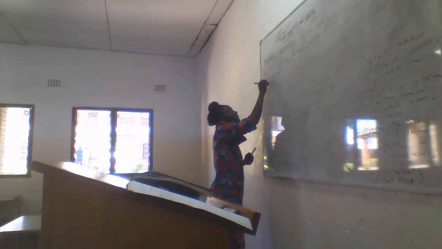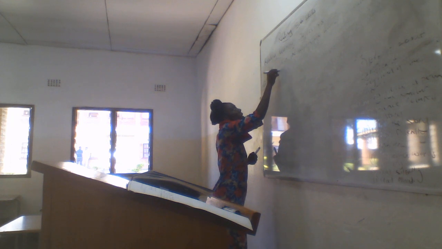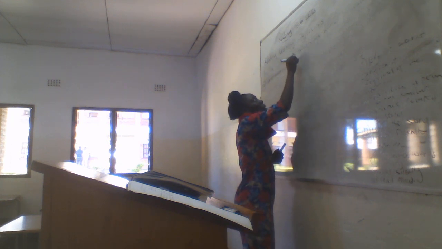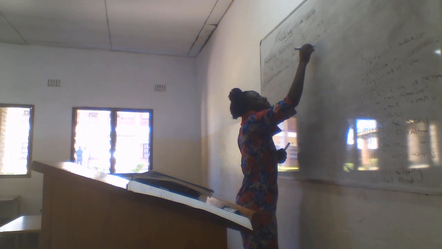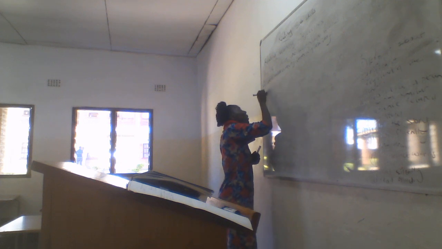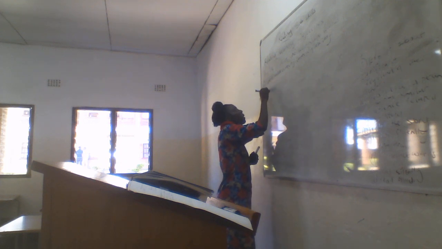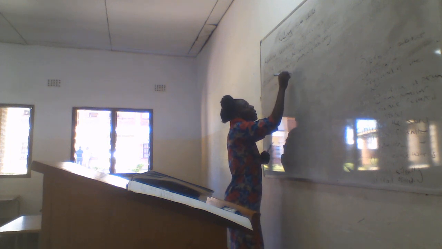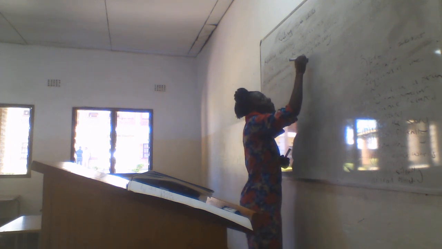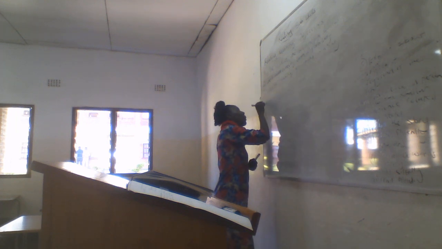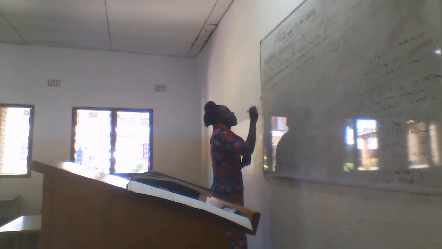Spell words correctly. Spell words correctly from a given story. And then give definitions, so define meanings of words in a story. The other one, there's something. Summarize the story.